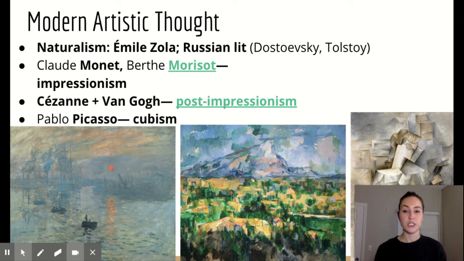Following the age of Impressionism, we see post-Impressionism. And so these are going to be paintings or works done by people like Cézanne, and so that will be the painting down here in the middle, or Van Gogh. And so post-Impressionism is even further removed from the actual reality, and it is more about the feeling of it all, the feeling of the moment.